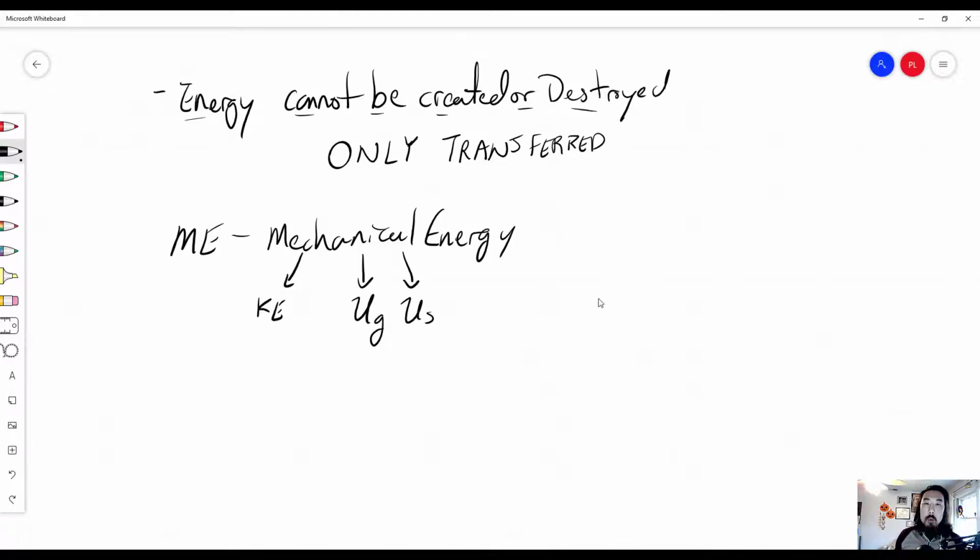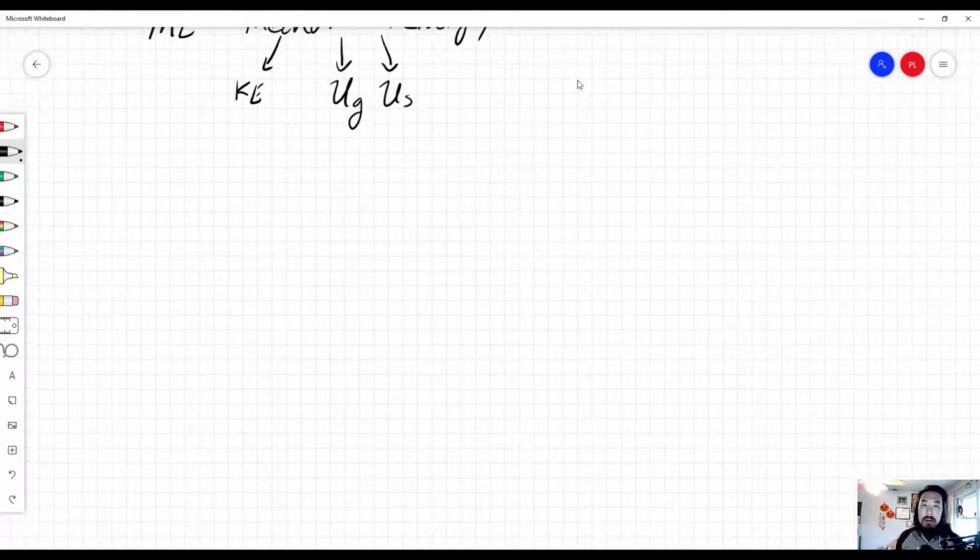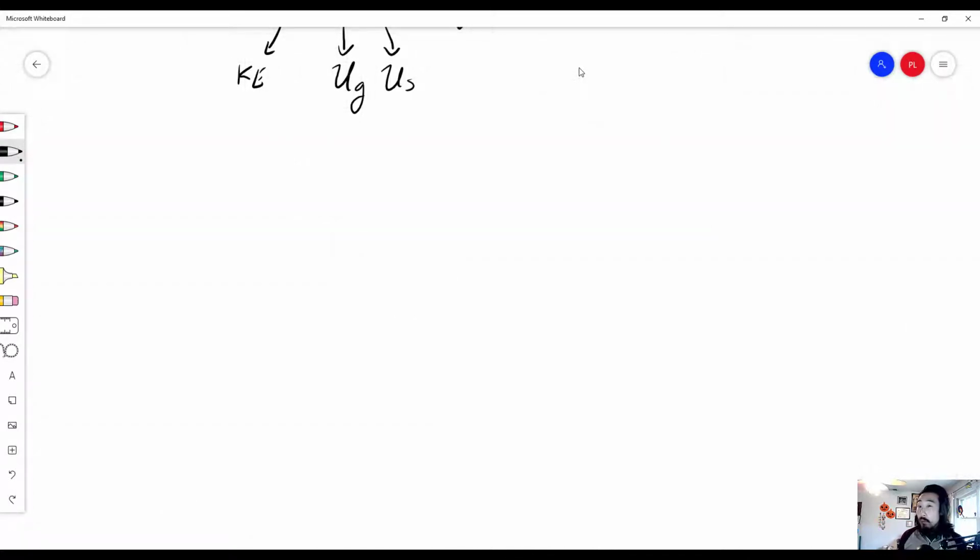So the equation of the conservation of energy, for us at least, will be the mechanical energy initial is equal to the mechanical energy final. That equation is the big equation overall, and that will help us go forward with whatever we need to find out.